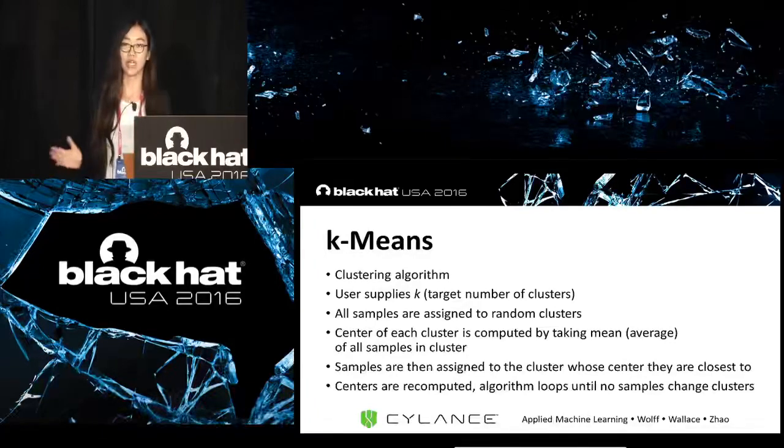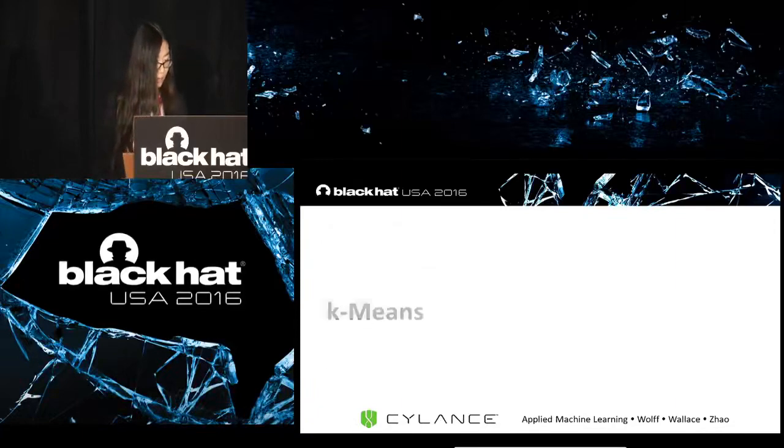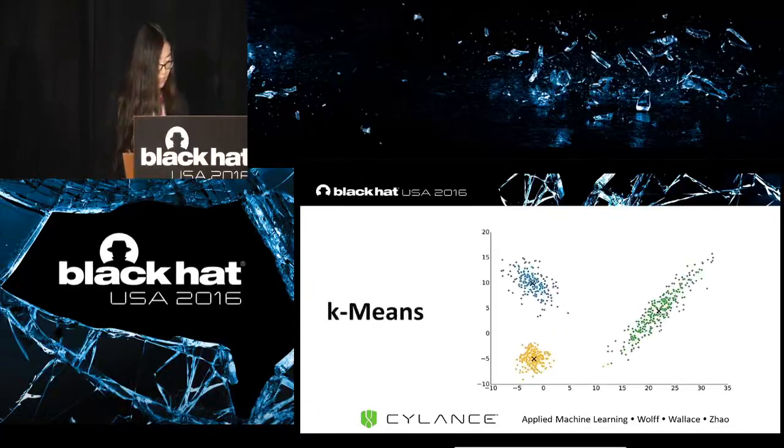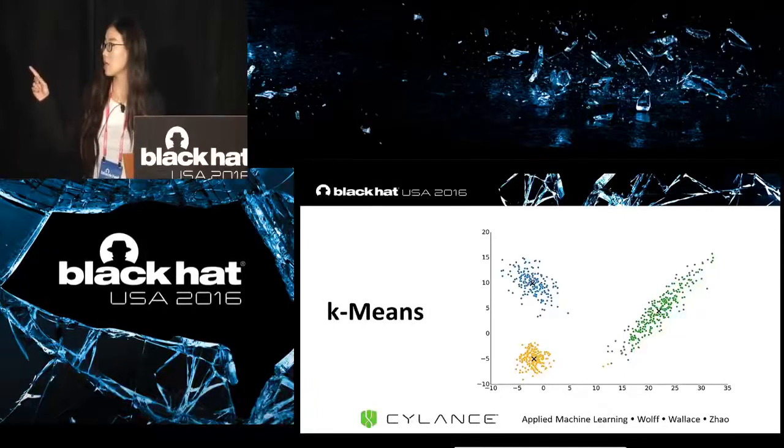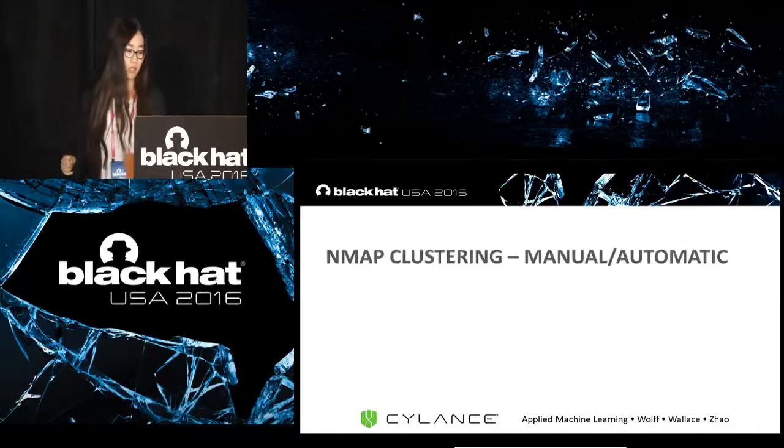Then we call it done, and we have our clustering. Here is an example of k-means. Here, we choose k to be 3, so we want to result in 3 clusters, and all these black crosses are the centers of these clusters.